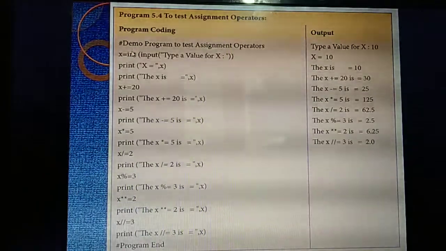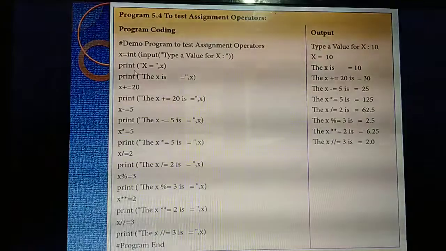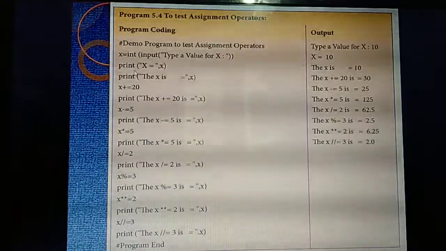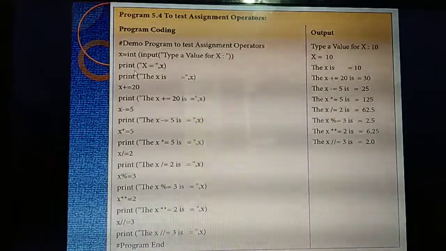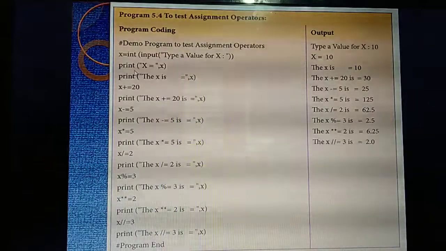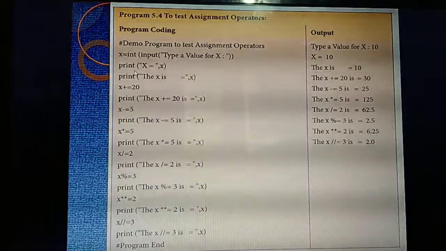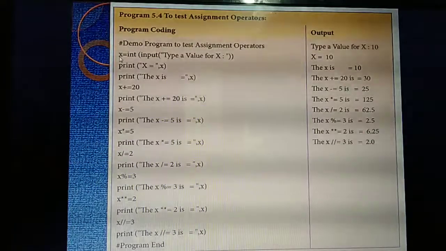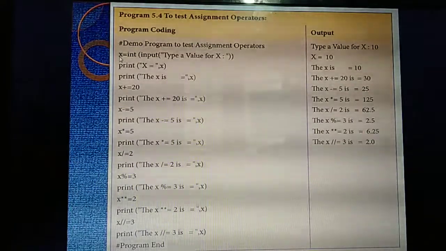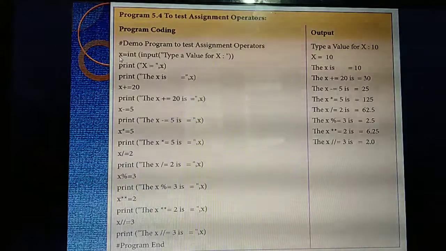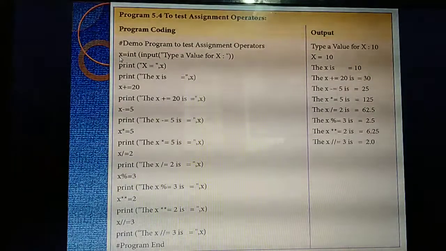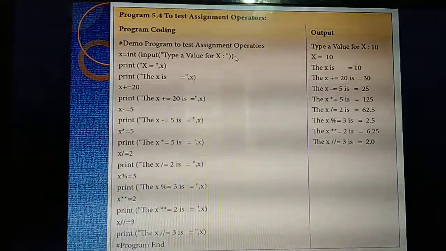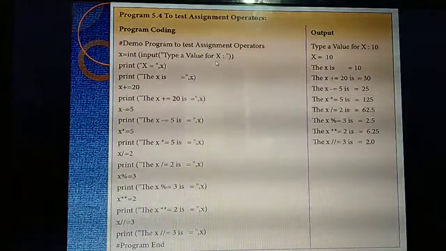So what's the first one? Here how many variables am I giving as input? Only one variable, because I am performing the calculation with one variable called x. In this variable x I am giving the input as int input, type a value of x. Otherwise you can write enter the value of x, anything.